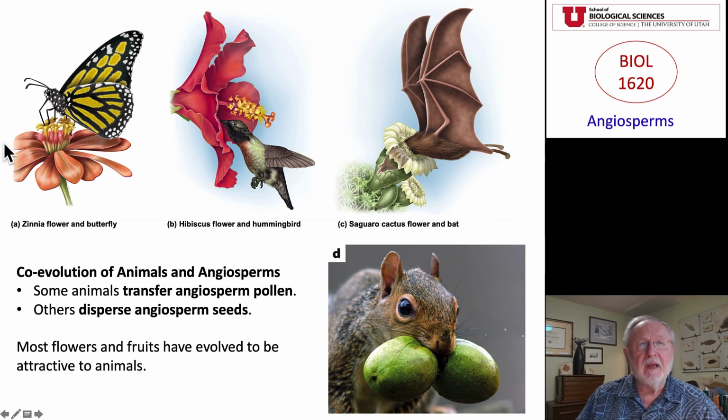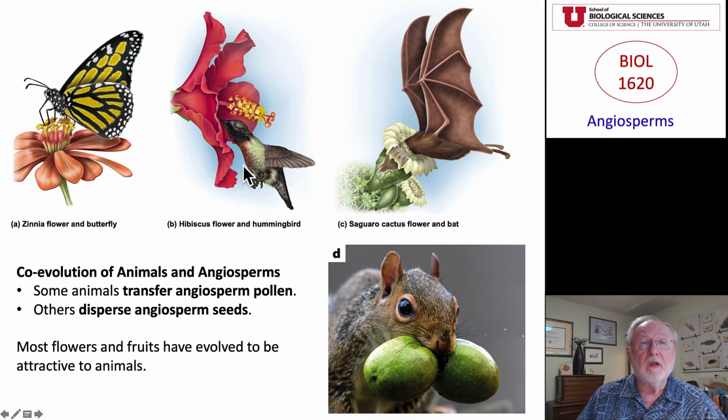So the evolution that we see in angiosperms is targeted movement of pollen grains, whether that's with the butterfly in the zinnia flower, the hummingbird in this hibiscus, or a cactus flower in bats.